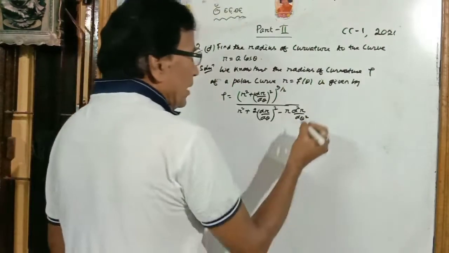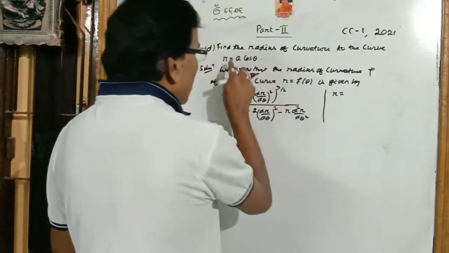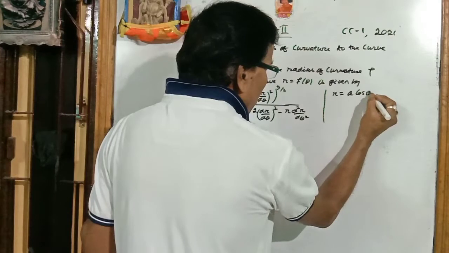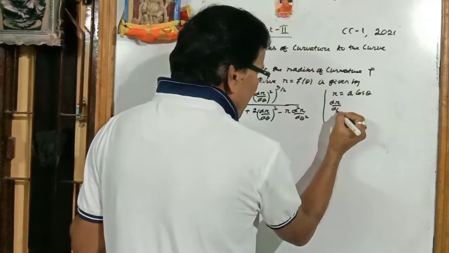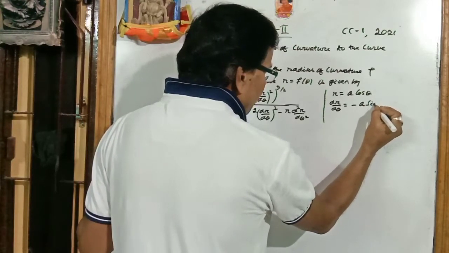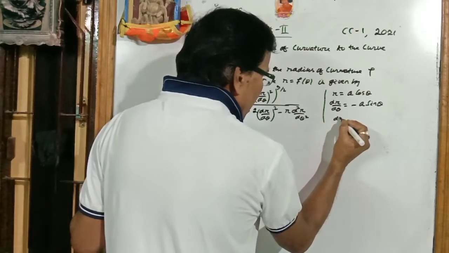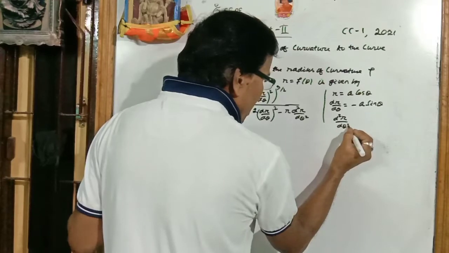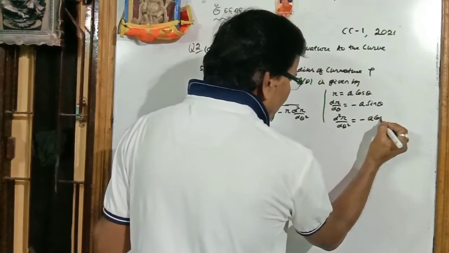Now here it is given that the equation of the polar curve is r equal to a cos theta. So we will find dr by d theta. dr by d theta is minus a sin theta. Next we will find d square r by d theta square, which is equal to minus a cos theta.